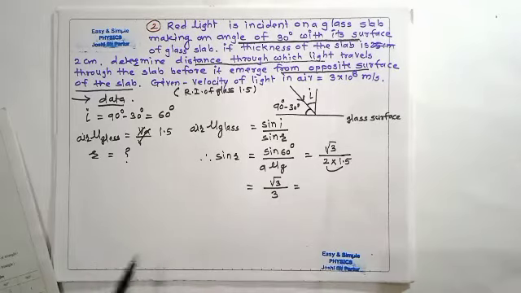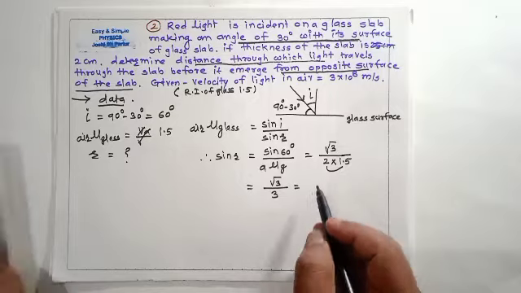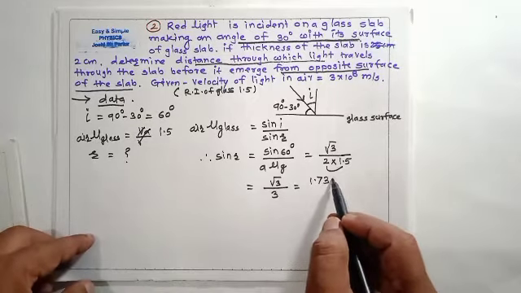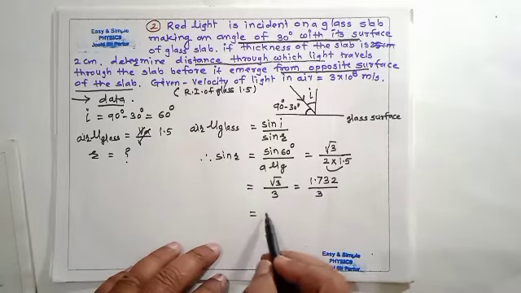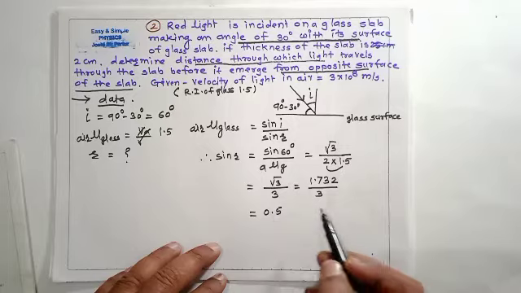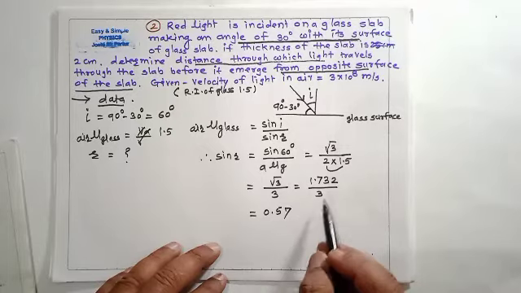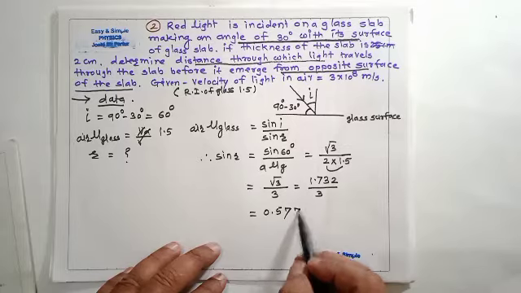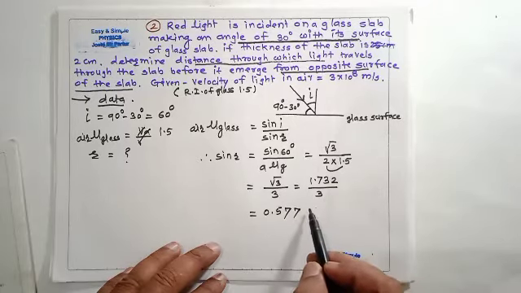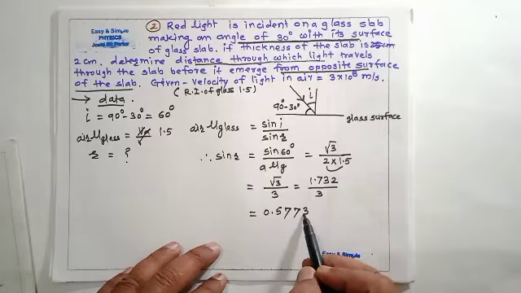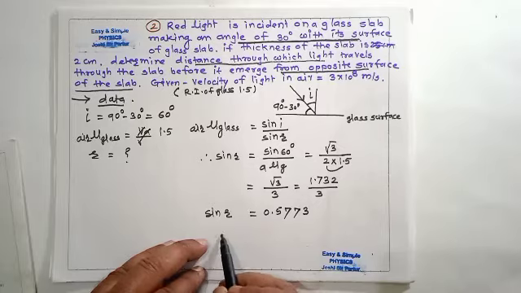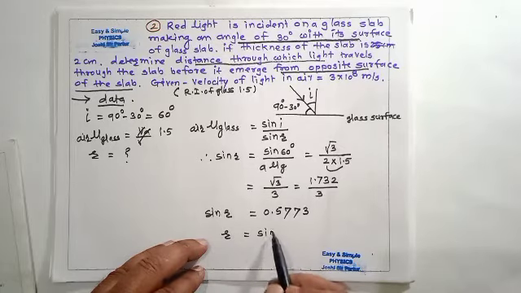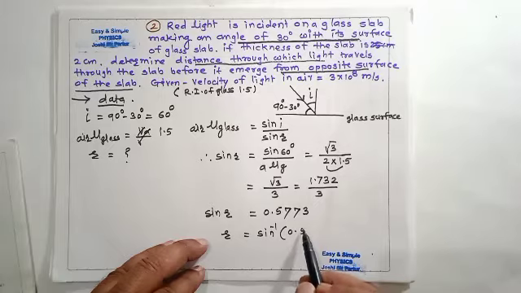So we know that the value of square root of 3 is 1.732, divided by 3. If we divide here, we get 0.5773. So here we find sine of R. So R will be sine inverse of 0.5773.